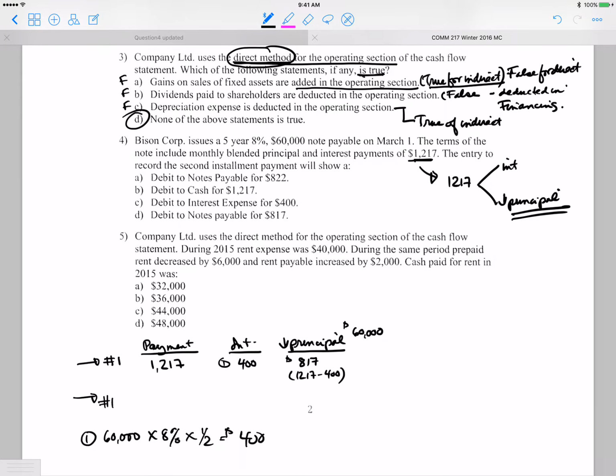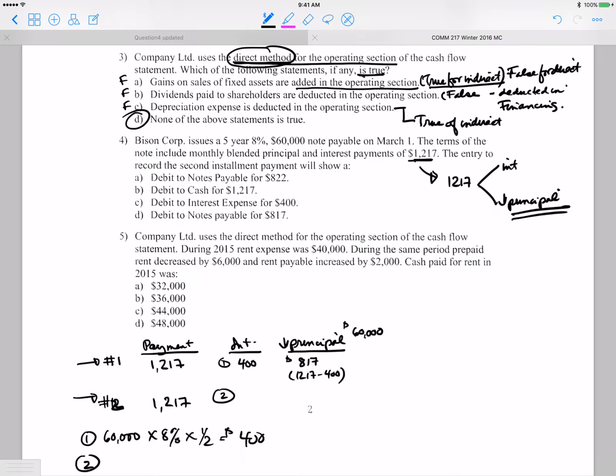So for the second month, you're still paying $1,217, and the amount of interest that's going to eat up part of this amount is not $400, but it's lower because your principal has been reduced by $817.